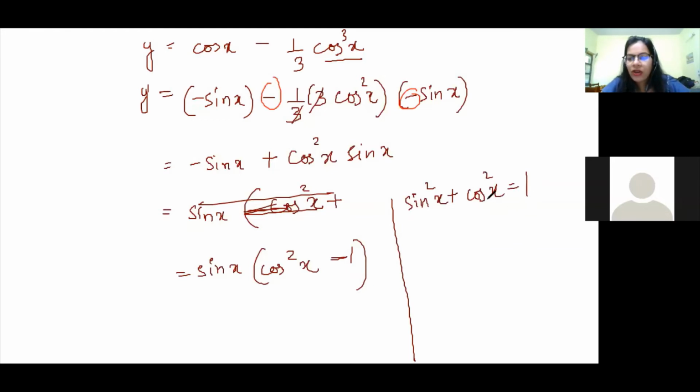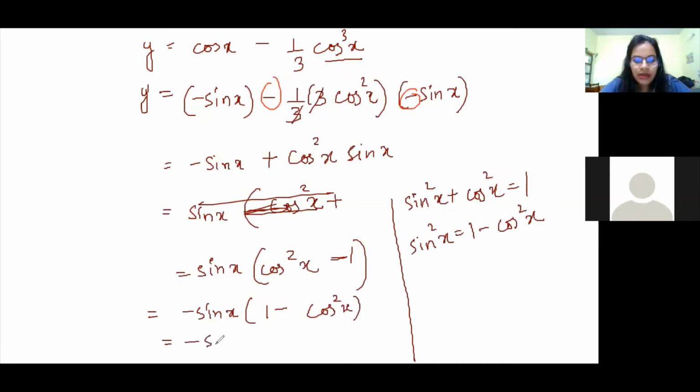So if I take cos square x minus 1, what will it become? You can write sin square x is equal to 1 minus cos square x. So if I take minus common, this becomes 1 minus cos square x, which is sin square x. Hence my answer is minus sin cube x.